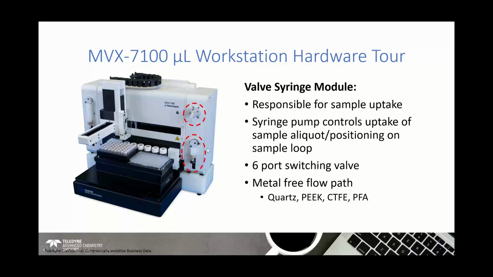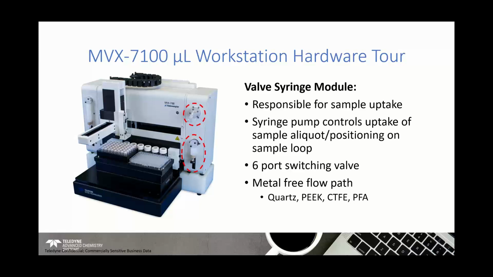So this small syringe will pull your sample up from a well plate well or a sample vial, and it will pull it onto the sample loop on this 6-port switching valve, ready for introduction. And because this is ICPMS and you want as clean a flow path as possible, we have a metal-free flow path from the sample probe all the way through to the nebulizer.